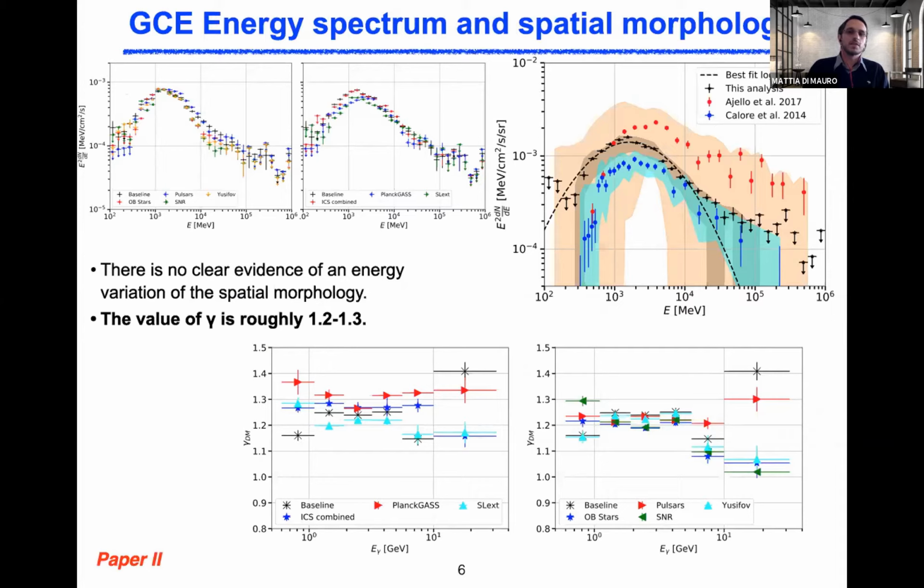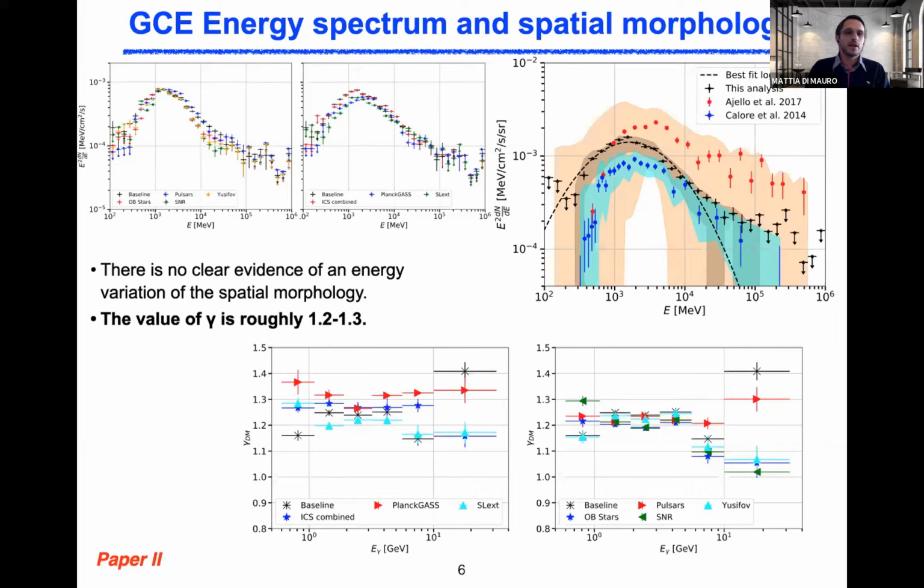The summary is presented in the top right, where you see our results with the black data and the gray band compared to recent results from Calore et al. and the previous Fermi-LAT paper on this topic. You see that our results are roughly compatible with the others, and the spectrum has a low energy tail and a high energy tail that reaches almost 100 GeV of energy, and the uncertainty band is roughly 40–50%.